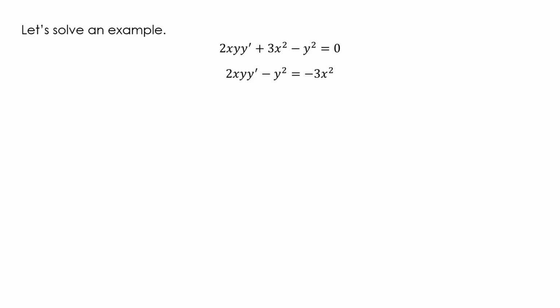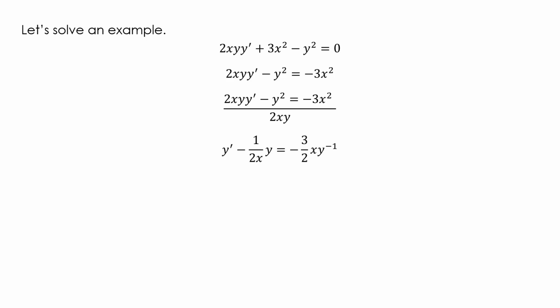Now, the first derivative must have no coefficients, so we divide both sides by 2xy. That leaves us with y prime minus 1 over 2x y equals negative 3 over 2x times y raised to negative 1.